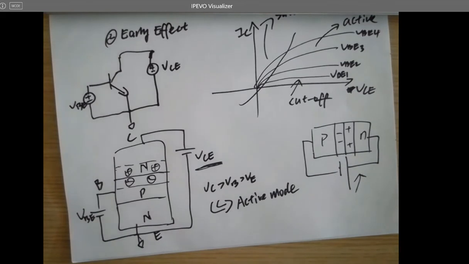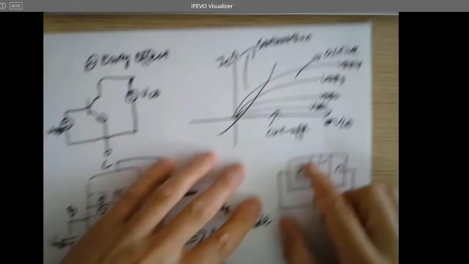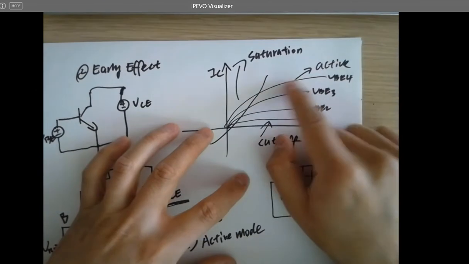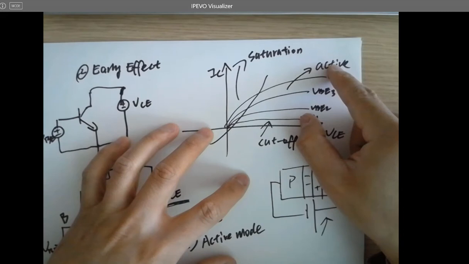Which means the electrons will receive more momentum or electric field, so it's getting easier to be swept through this very thin P layer. What's going to happen is the IC will increase. That's why when VCE is increasing, it's not purely flat, it's going to do this.